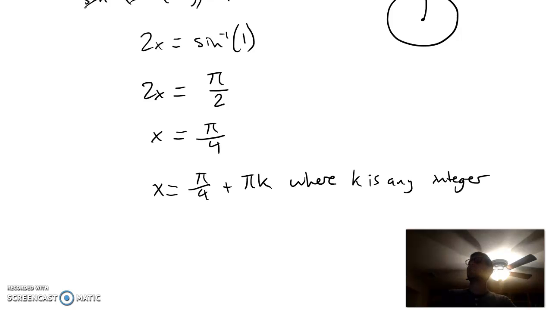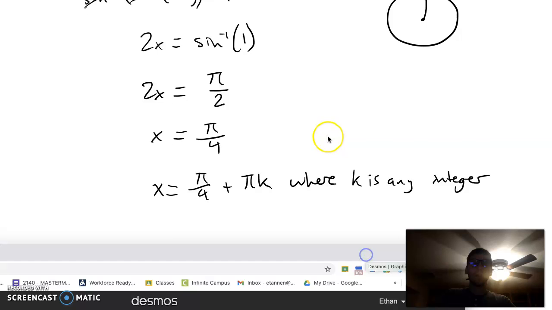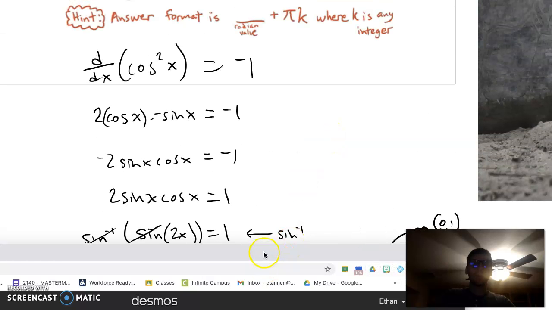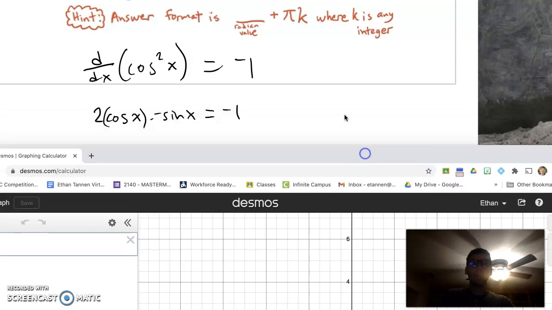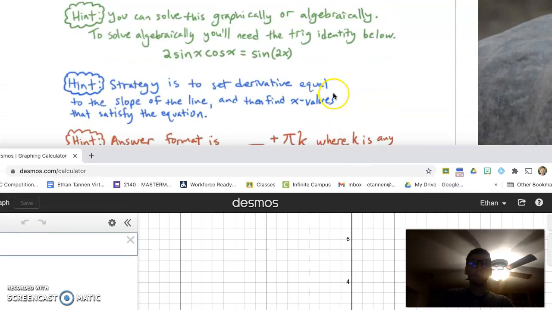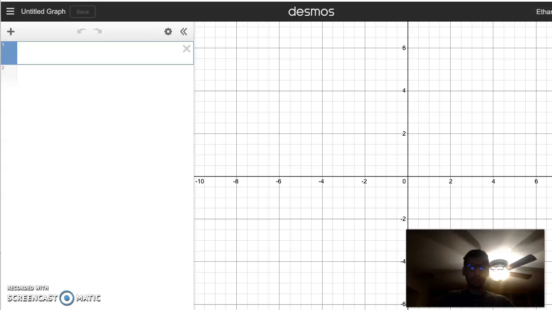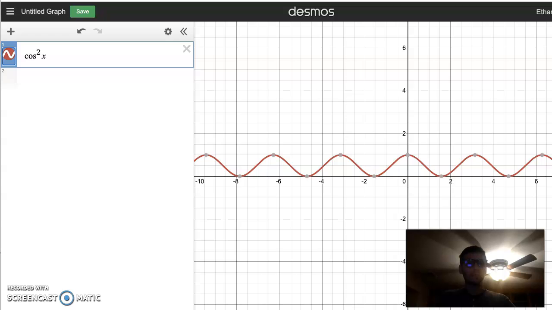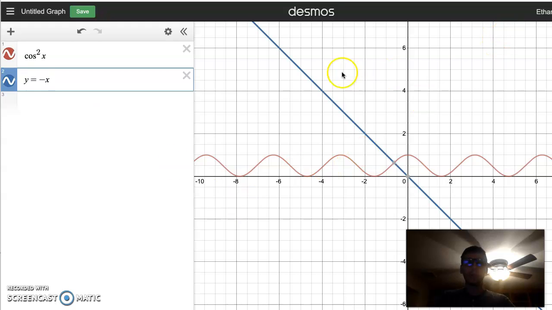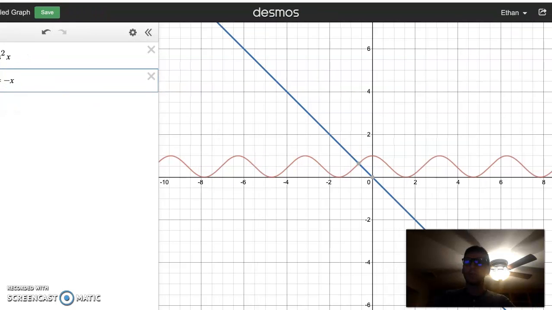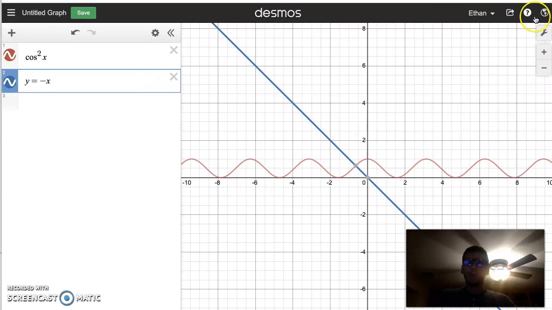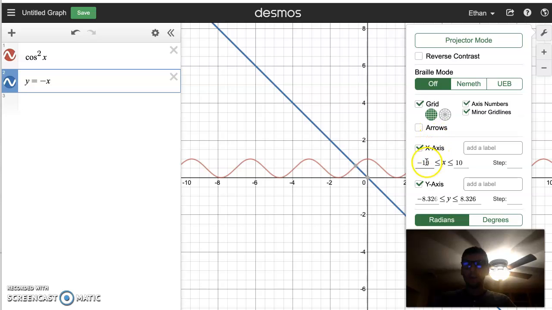What we'll see here is that when we put in our original function, cos squared of x, and we could put in our y equals -x also. And then let's make our x go by pi.